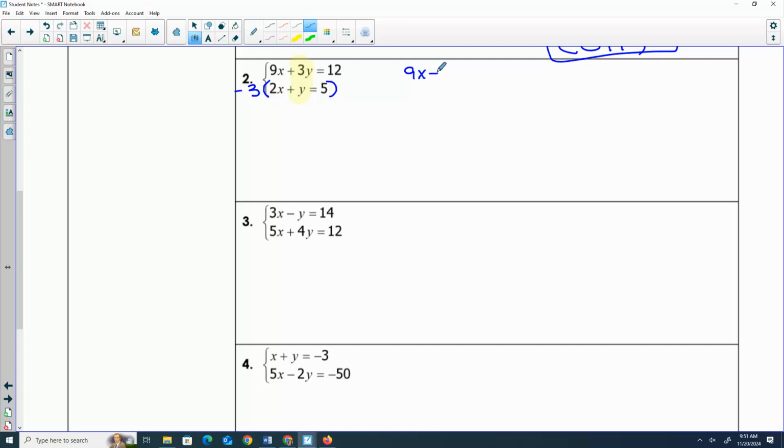So I didn't change the first one. Second one, we get negative 6x minus 3y equals negative 15. All right, what do we do now?